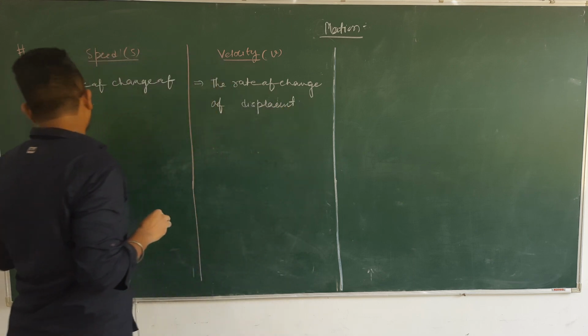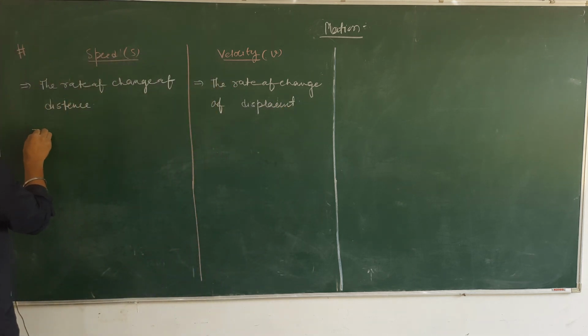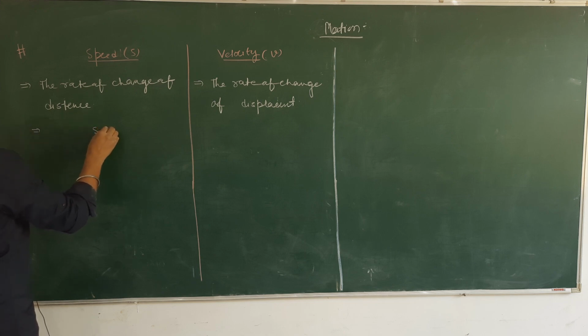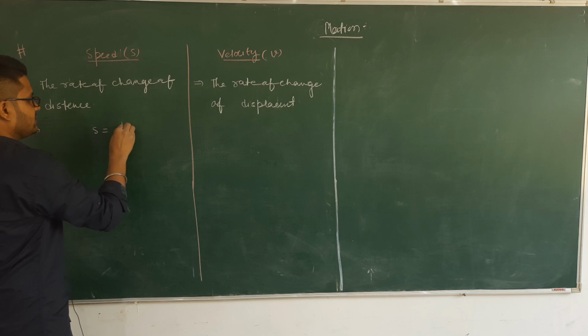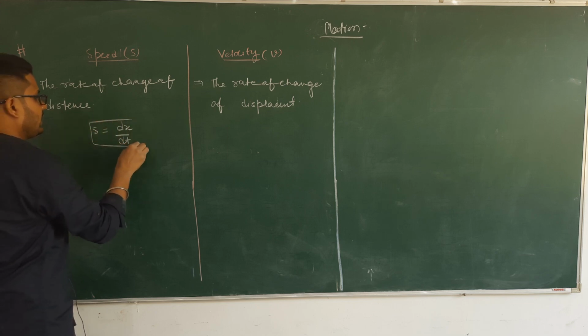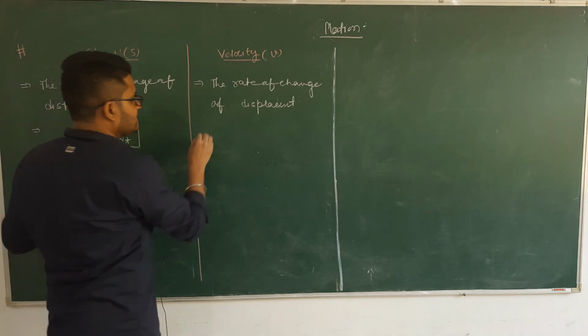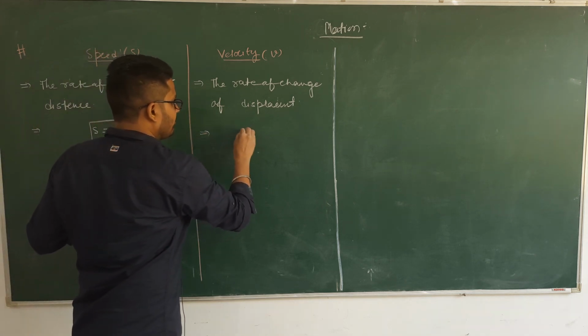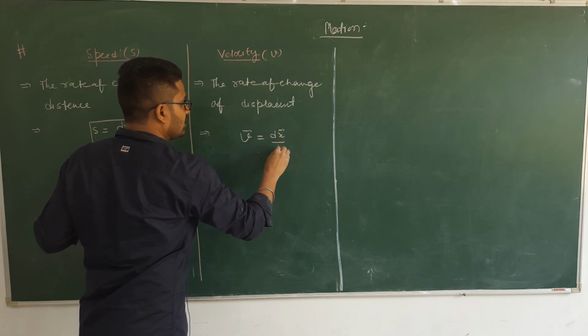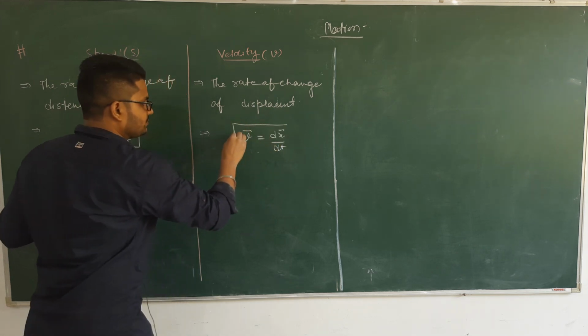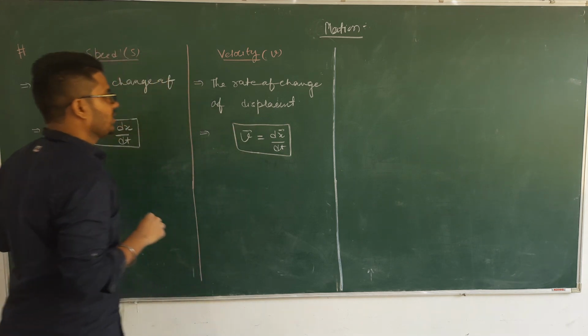How to write it? If the distance traveled is x, then s is equal to dx upon dt. We can write it by this equation. Velocity is a vector quantity, so write the displacement as a vector, over dt.